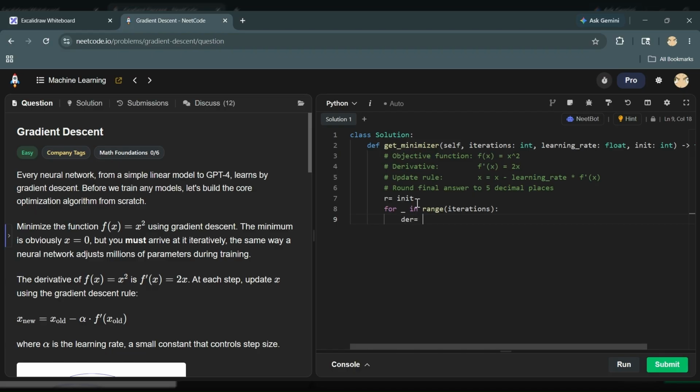So x square's derivative is 2 into x, that will be r, the old value, and r will be the new value, r minus the learning rate into the derivative, and we'll return the rounded value of this up to 5 decimals.